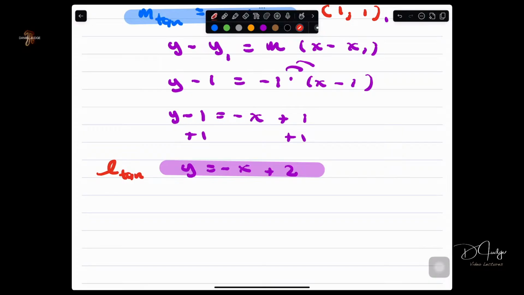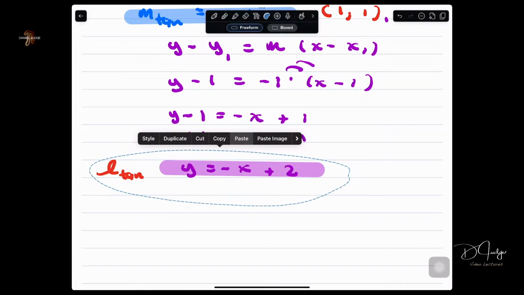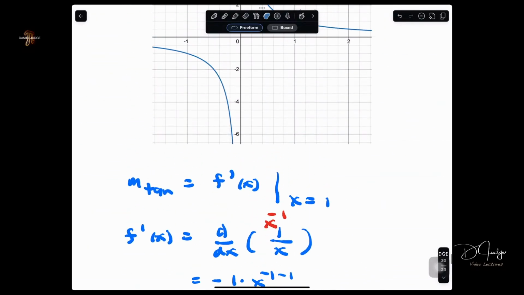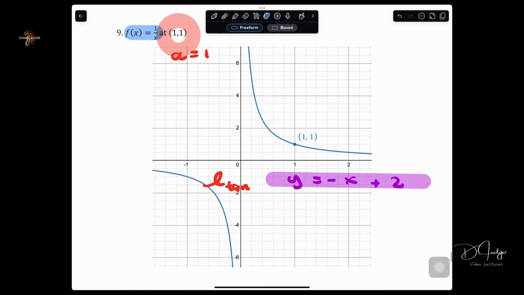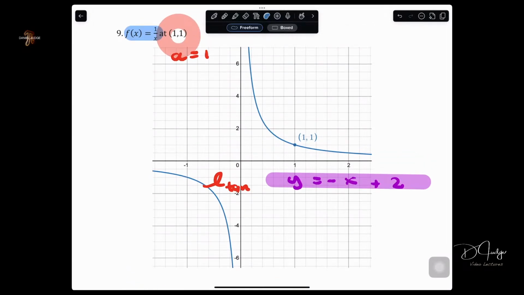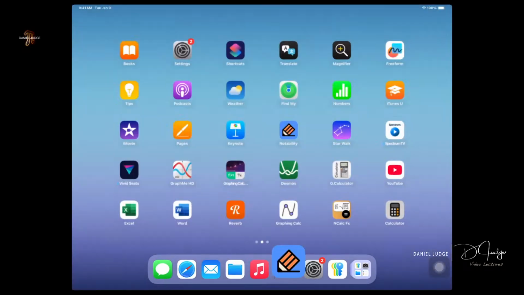That's the equation of the line tangent to the curve. This is what we're talking about up here. This is the equation of the tangent line. I didn't even draw the tangent line because I'm going to go to Desmos and show you directly.